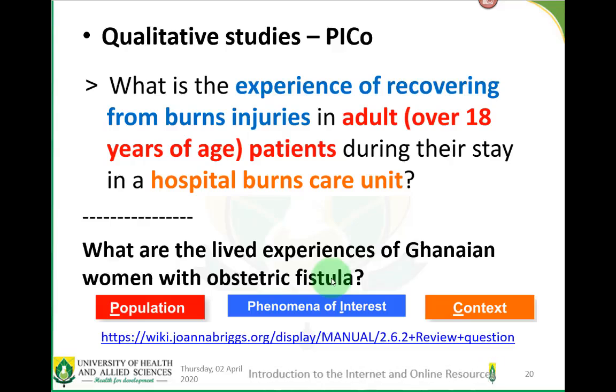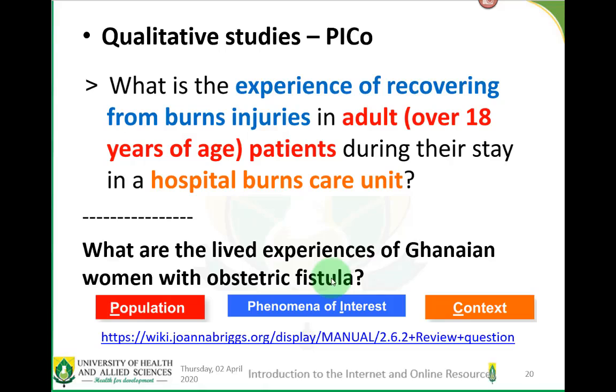The red, adult patients, is the population, and experience of recovering from burns injuries is the phenomenon of interest. So in this PICo, it is not population, intervention, comparator and outcome, but population, phenomenon of interest. The I, interest, is the one that is emphasized, and then context. That is, if you are doing a qualitative study, very useful.